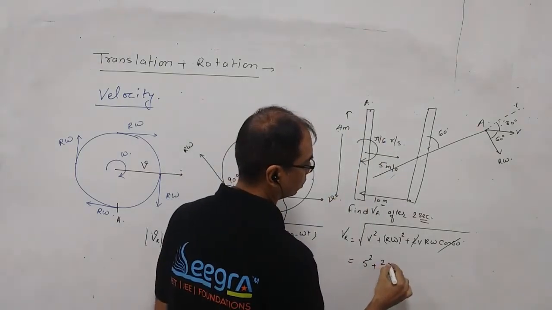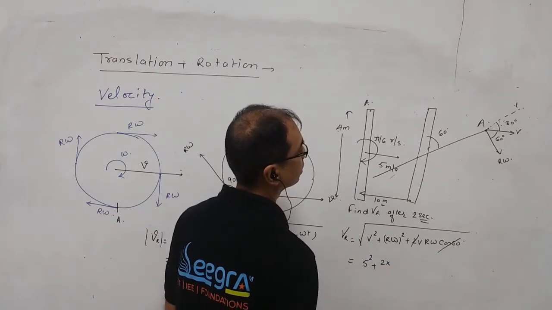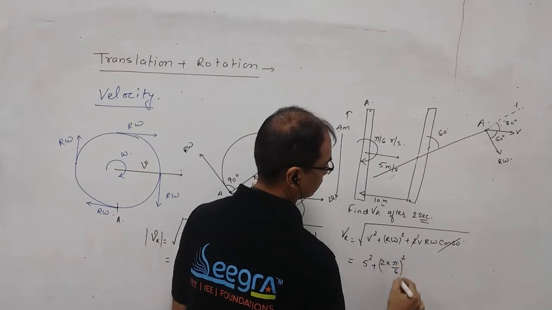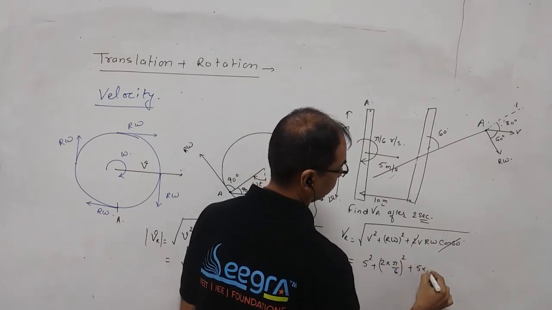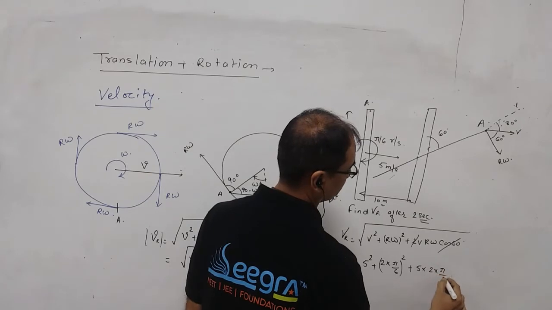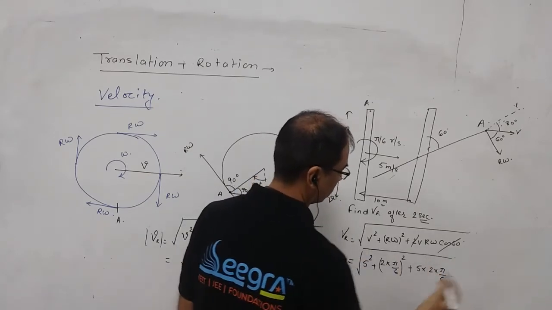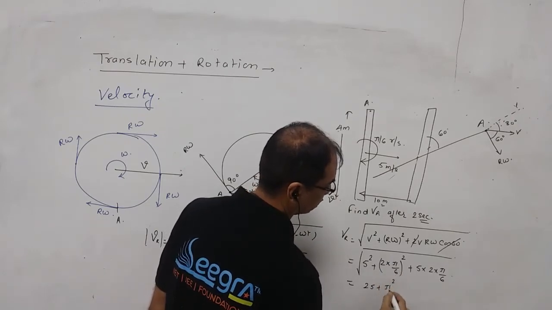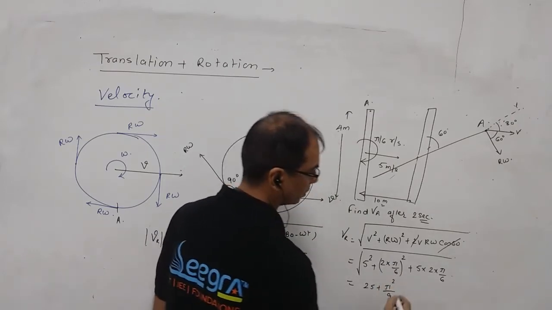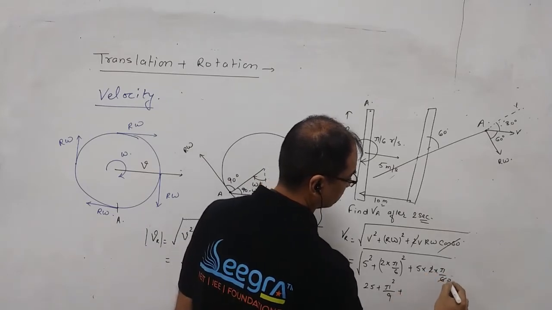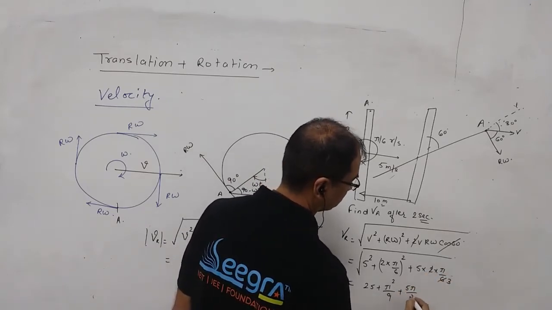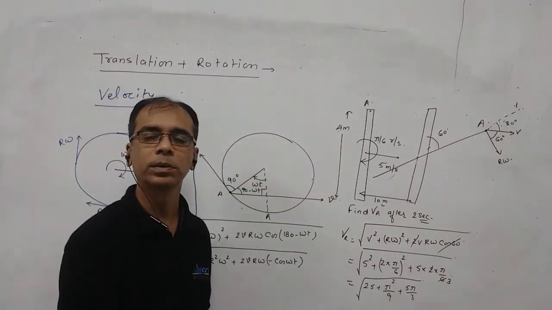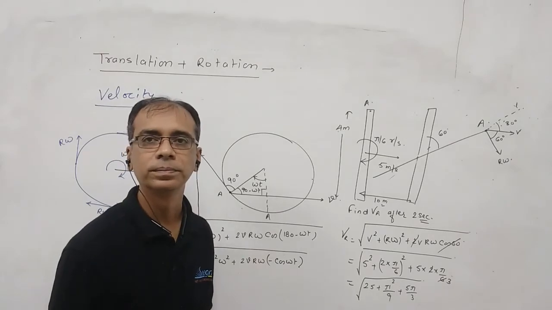So here 2 into omega means 5/3. So 25 plus 5 square by 9 plus 5 into 5/3, all under square root. Keep the pi value and we'll get the answer.